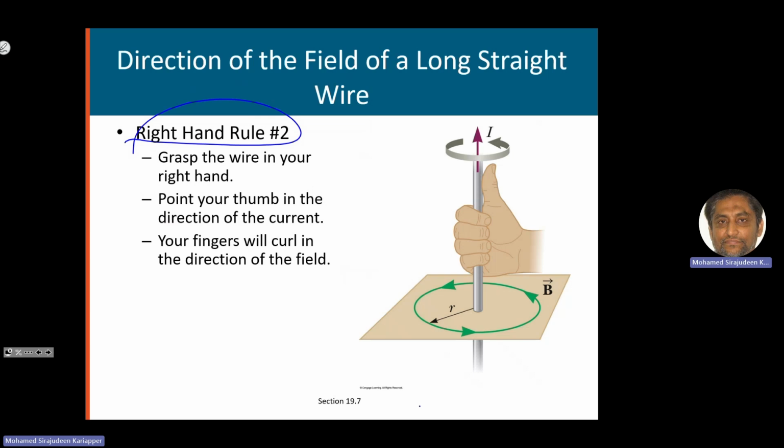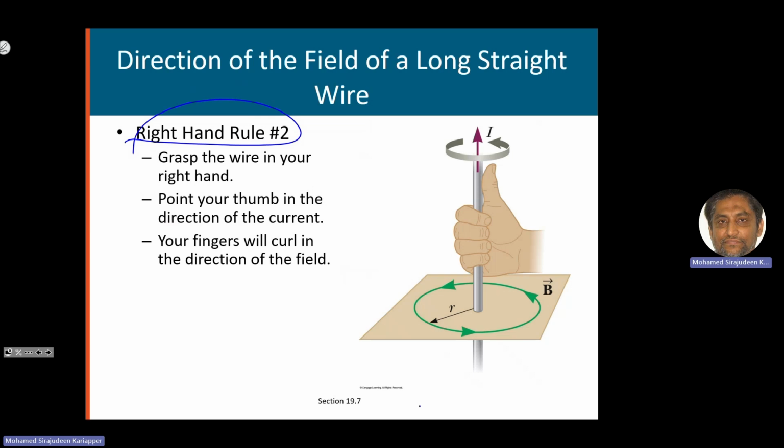You only use the right hand, and the curling of the fingers will tell you whether it is clockwise or counterclockwise. So in this case, the current is going up, and you use the right hand, and your thumb is pointing in the direction of the current, and the fingers are curling counterclockwise.